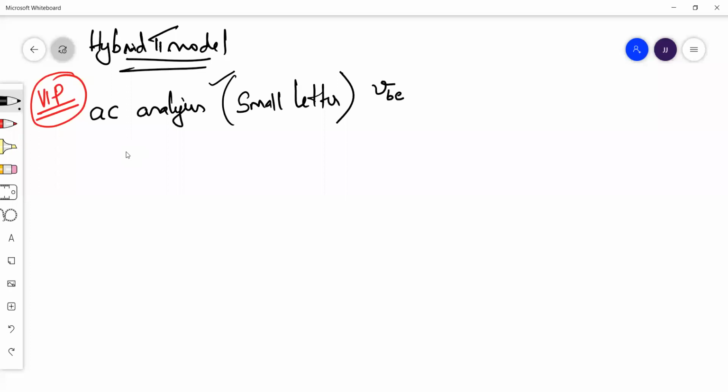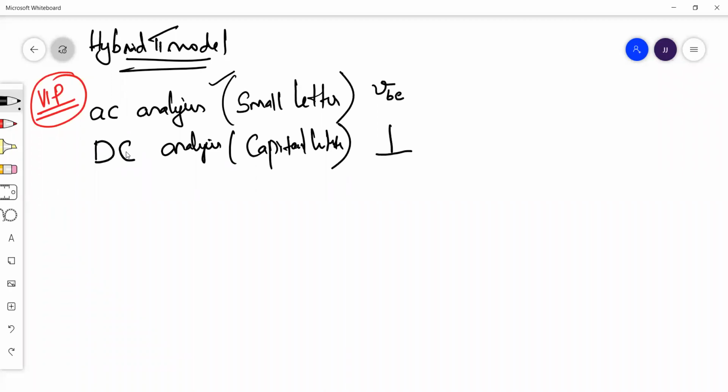In DC analysis, capital letters, capital D, capital C analysis, here you have to use capital letter representation. For example, the base emitter voltage in AC analysis you have to write like this: small v, small b, small e. In DC analysis, capital letters, capital IC.